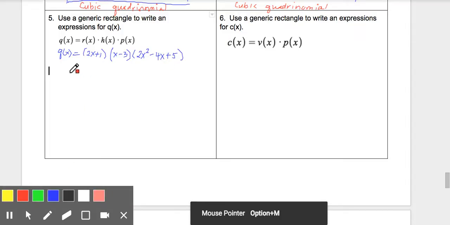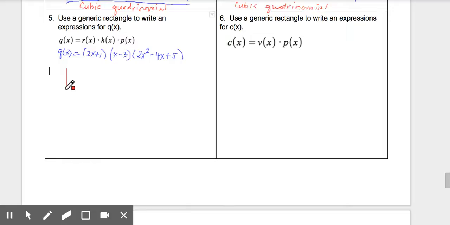So we need to make a box or a rectangle to find the product of the first 2 binomials. So the length for this is 2x plus 1, and the width is x minus 3.